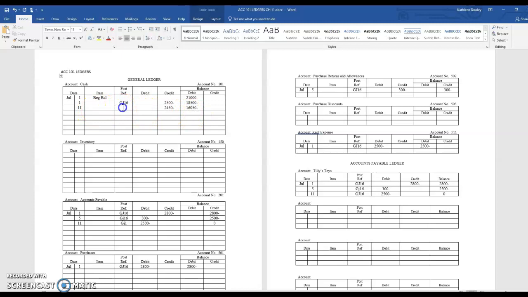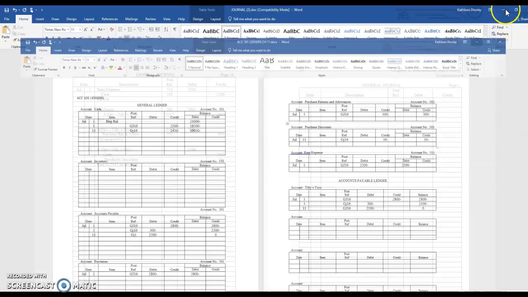Where did this come from? GJ16. And we have our purchases discounts. That was on July 11th. We copied the date. We copied the amount. $50 credit. New balance, $50 credit. Where did this come from? GJ16.